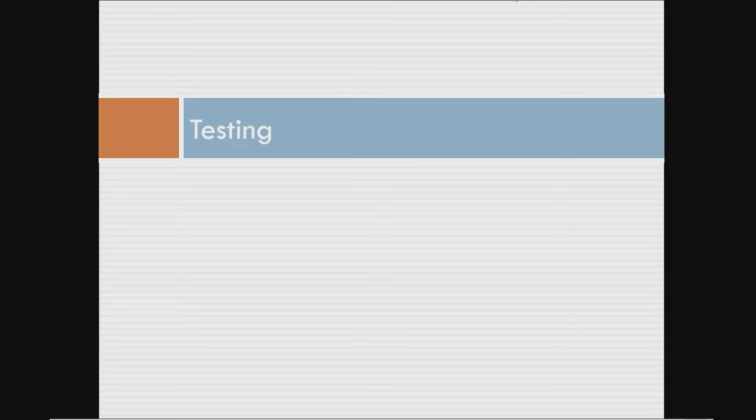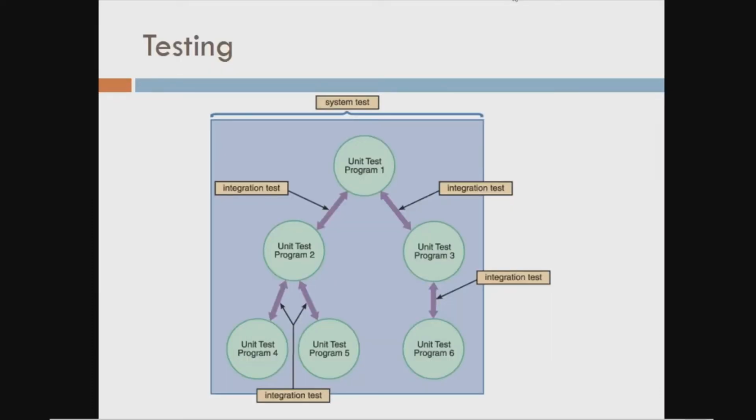So for the first part, we go for the testing. Testing is about how we conduct the testing towards our developed information system. Refer to this diagram. We have the system test here. The system test refers to the whole process of testing our information system.